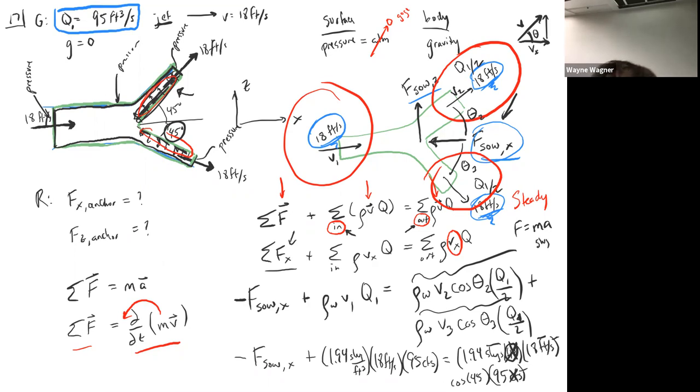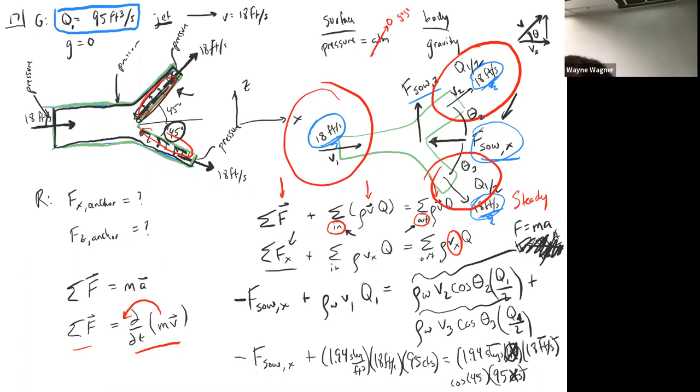M is a slug, acceleration is foot per second squared. So this is a pound. That's how we know that we've done this correctly. If you plug in a pound mass right here, this will not work. So it has to be a slug. It's just like how you can't plug in grams where you mean mass in the SI system, or it won't work.